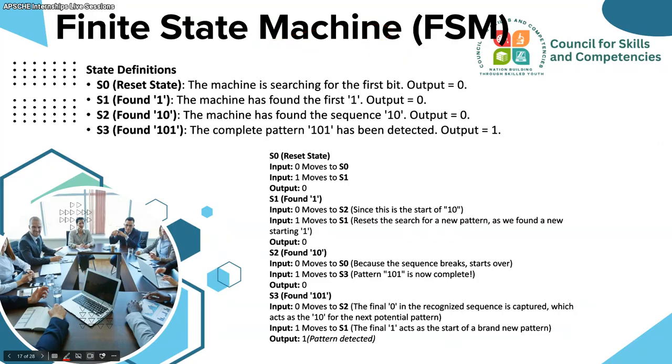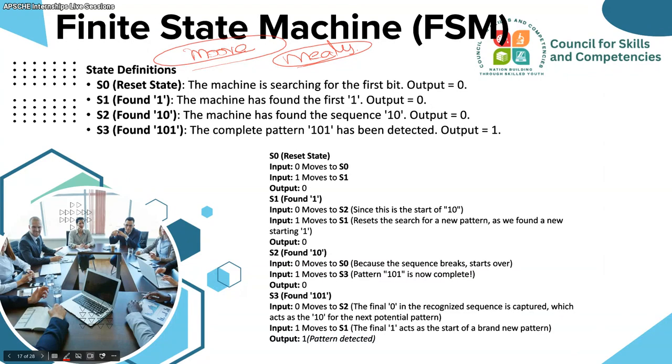So now we want to define the state. How are we going to define the state? Before defining the state, we want to know whether we are going to use a Moore machine or a Mealy machine. For the time being, understand we are going to use only a Moore machine.